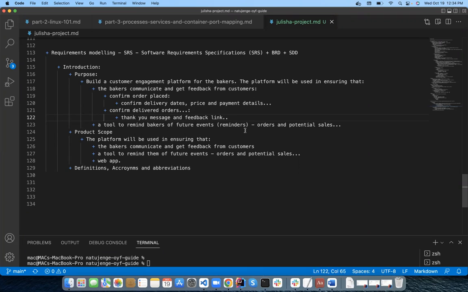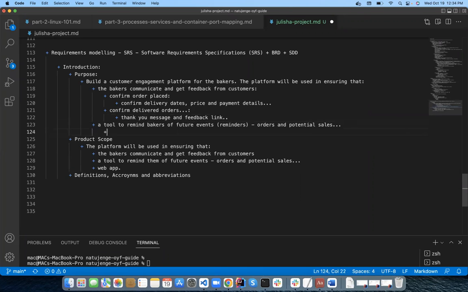Is that okay? Yeah. So here, a tool for reminders. You're reminding them of an order that has been placed. So maybe there is an order for next week on Thursday. They remind you every day.